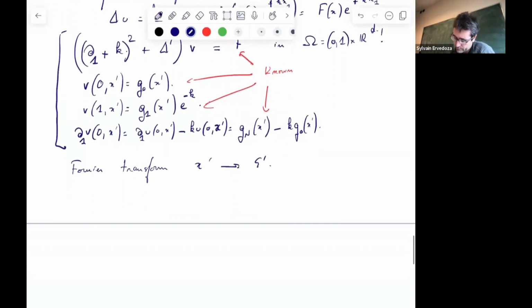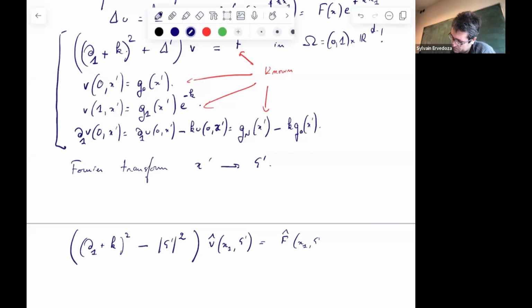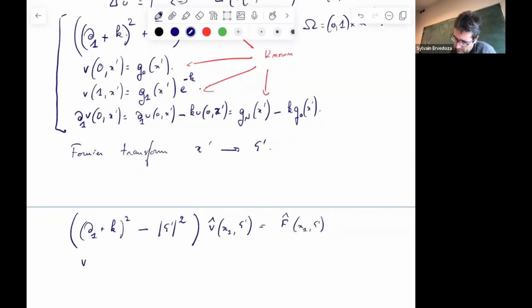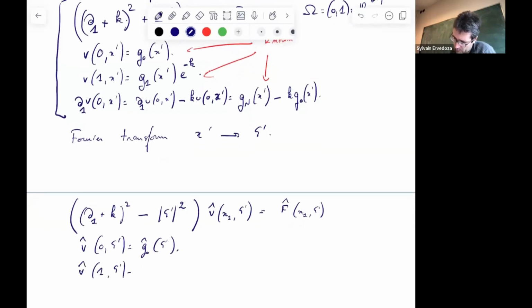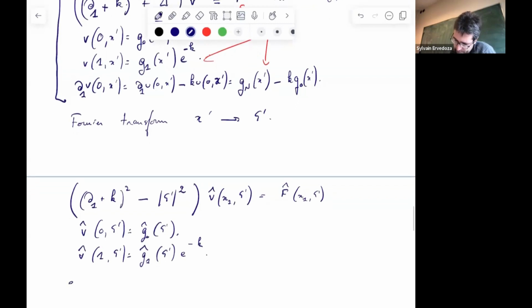And this will give the following family of ODE: d1 plus k squared minus psi prime squared of v hat, with v hat(0, psi prime) equal to g0 hat of psi prime, v hat(1, psi prime) equal to g1 hat psi prime exponential minus k, d1 v hat(0, psi prime) equal to gn hat of psi prime minus k g0 hat, etc.